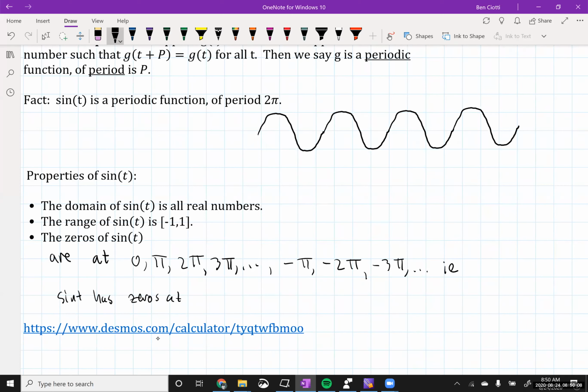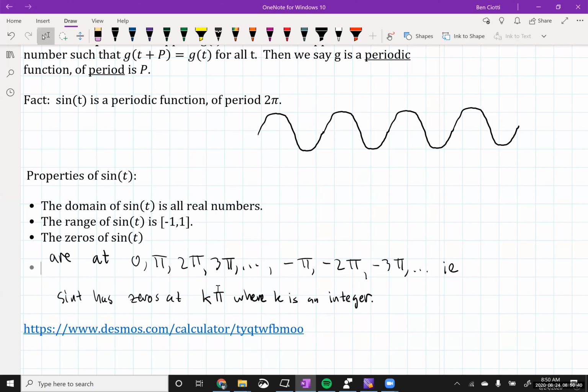How about I just write k times pi, where k is any integer. Yeah, so any integer multiple of pi. Those are exactly the zeros of the sine function. And that's a more compact way to write it.